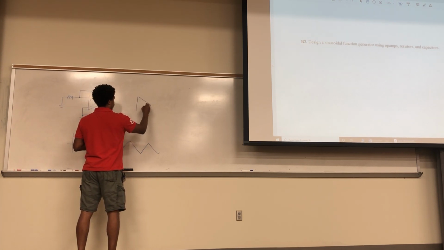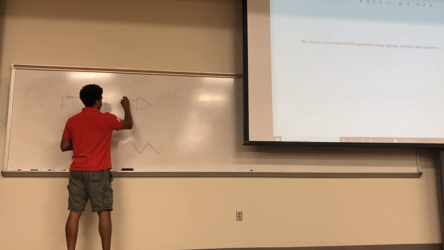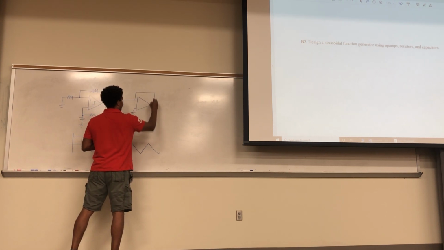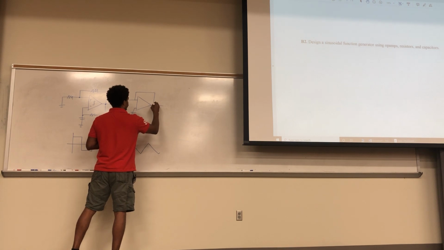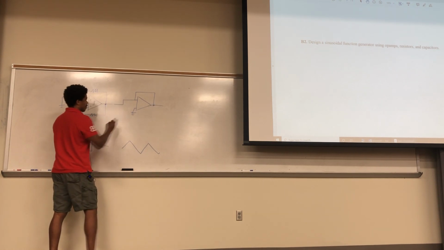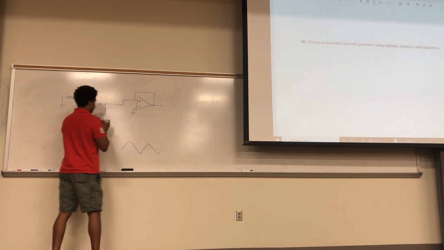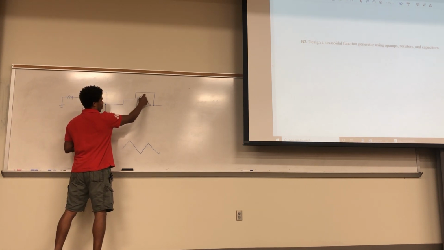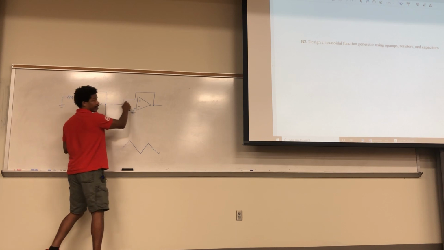So for an integrator, it's going to have a resistor and a capacitor. So do I put the resistor here and a capacitor here, or the resistor here and a capacitor there?